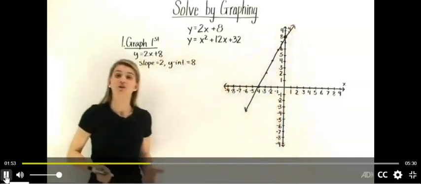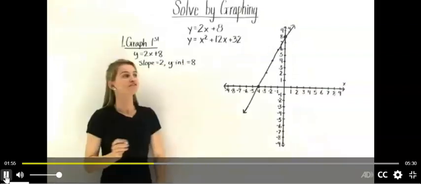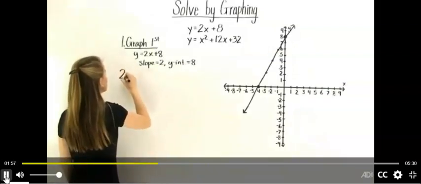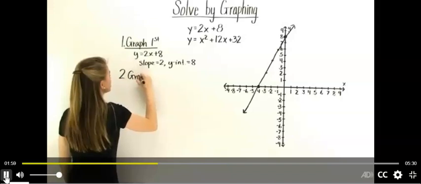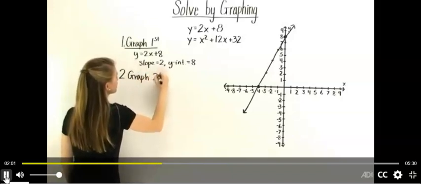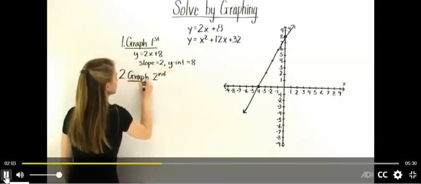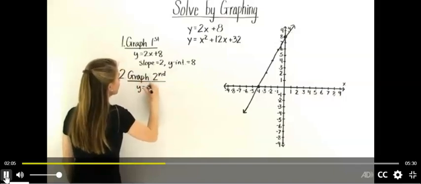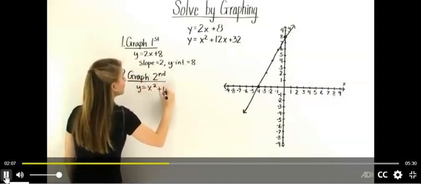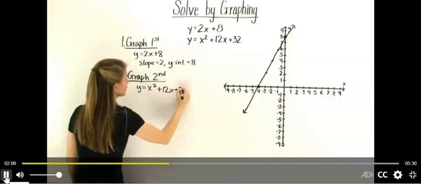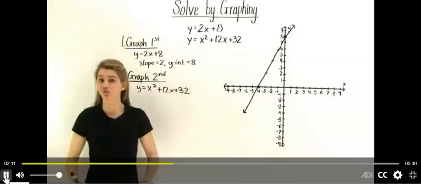Next, we want to go ahead and graph our second equation. So we want to graph y is equal to x squared plus 12x plus 32. And we said this was a quadratic equation. Now, when graphing a quadratic equation, there are a couple things that are helpful to know.